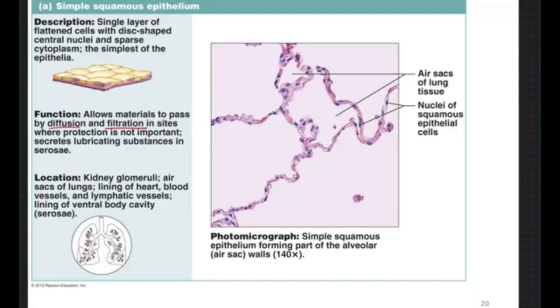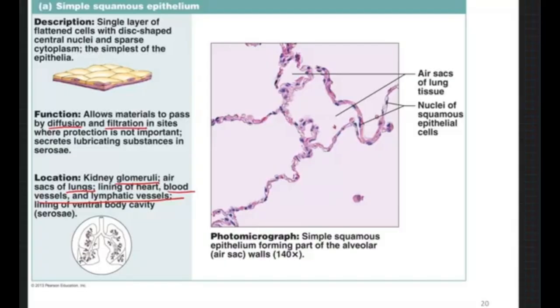Filtration, diffusion, transport. Now, if you think about diffusion, the very intense diffusion happens in the lungs. If you think about filtration, glomeruli of kidneys and your blood vessels are lined with simple squamous epithelium, because think about what your blood vessels do.